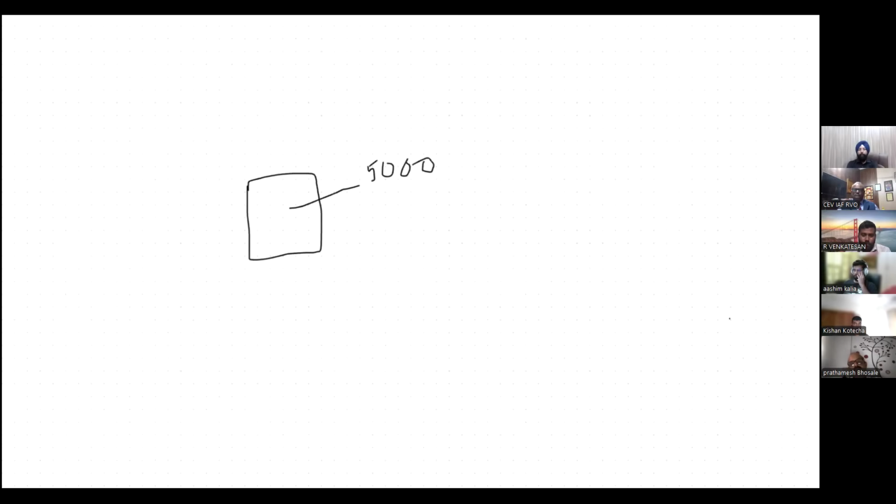Let us suppose you have a building and you are getting a rent of 5,000 per year from this building.